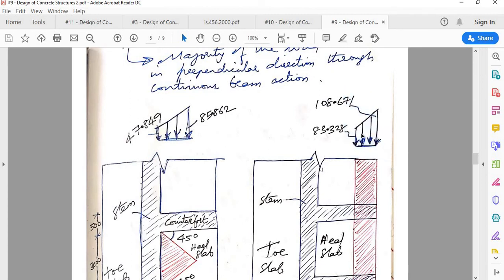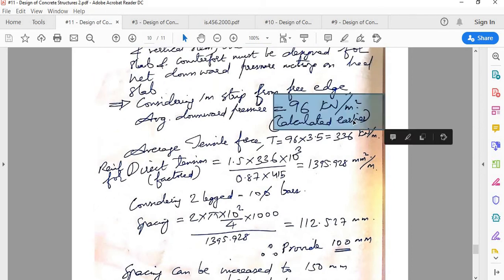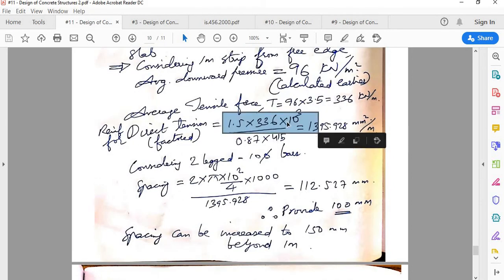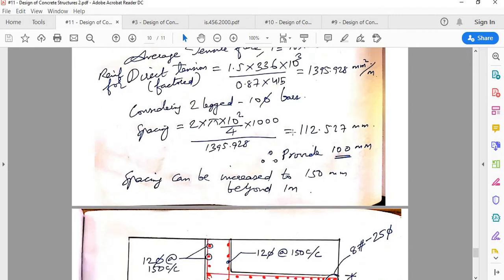So you can take the average of the soil pressure, make it factored and divide it by the allowable stress in steel. Again, assuming 2-legged 10-dia bars, you will get the spacing. So the spacing works out to be 100 mm.